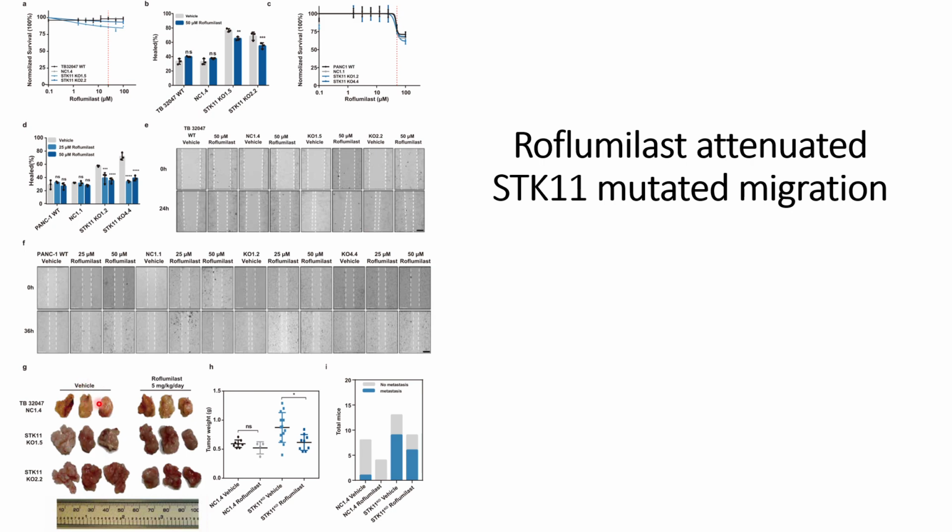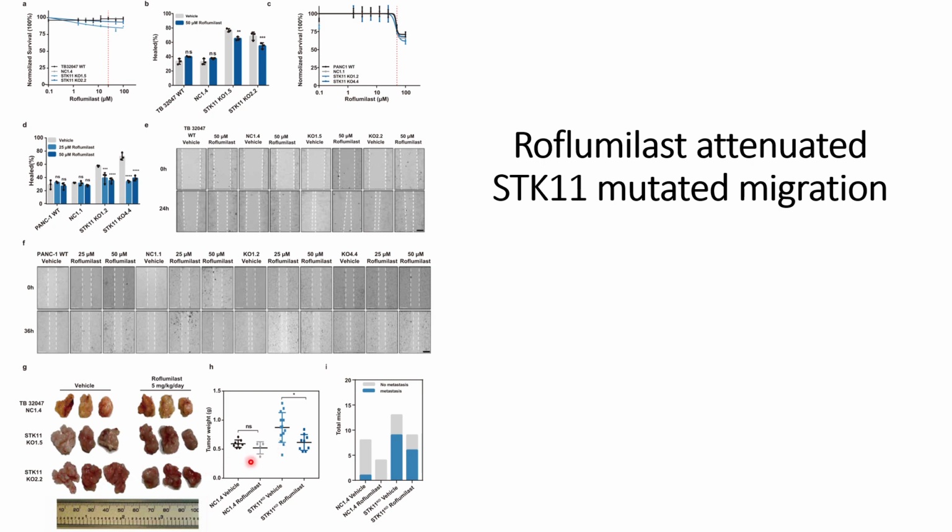In the control case, they see that there is a tumor volume, and they do not see much difference when Roflumilast is introduced at 5 milligram per kg per day. However, for the STK11 knockout, the tumor volume is high, but when Roflumilast is used, the tumor volume is slightly lower. The same is the case with the other clone.